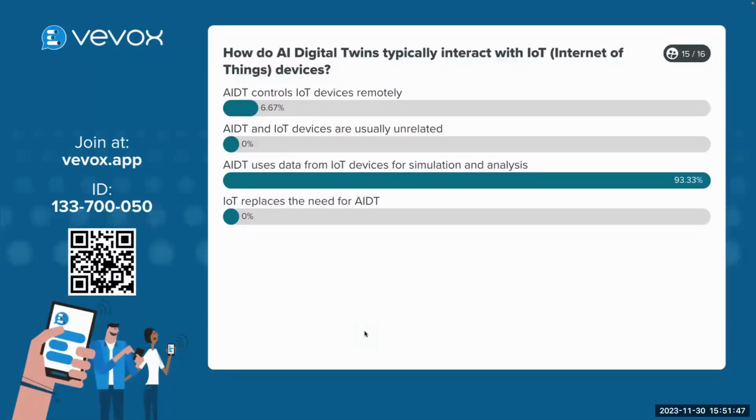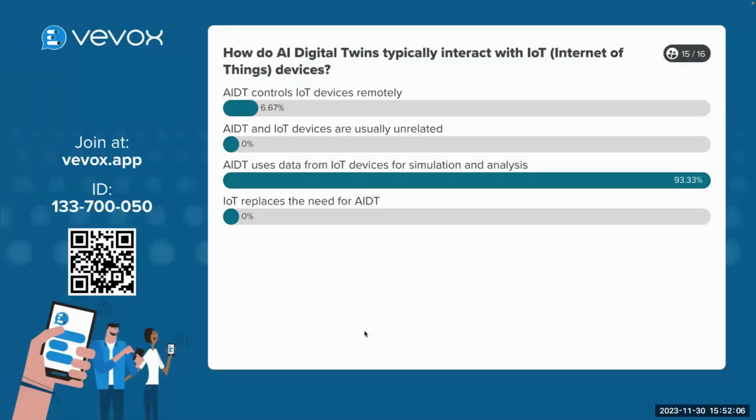But I wouldn't say it is incorrect, because in your digital twin solution, you have IoT devices, you collect the data, you bring the data into your digital twin. At the back end, you apply a model to that data and you generate insight.